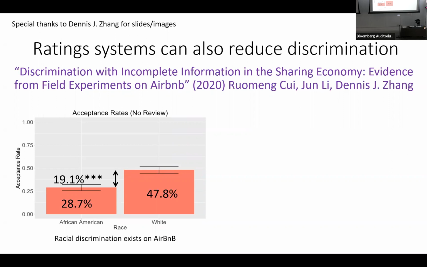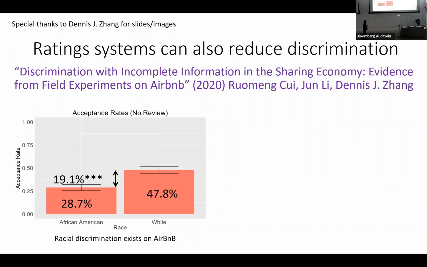And they found that even when they did it, I don't remember exactly when this experiment was run, I think around 2017, 2018, a few years after the original paper, there were still differences in acceptance rates.